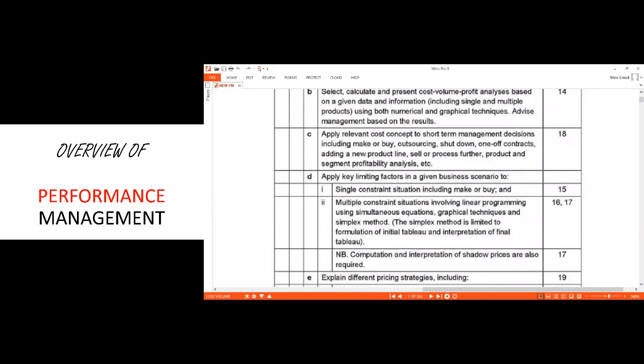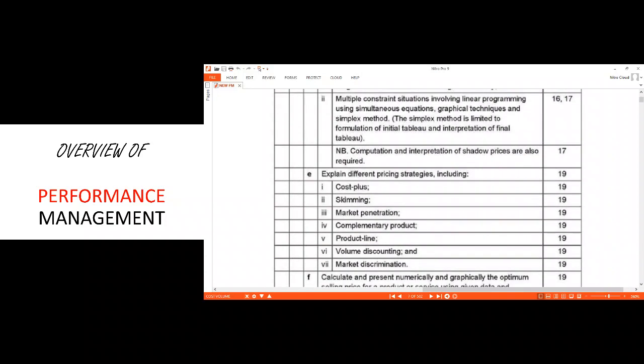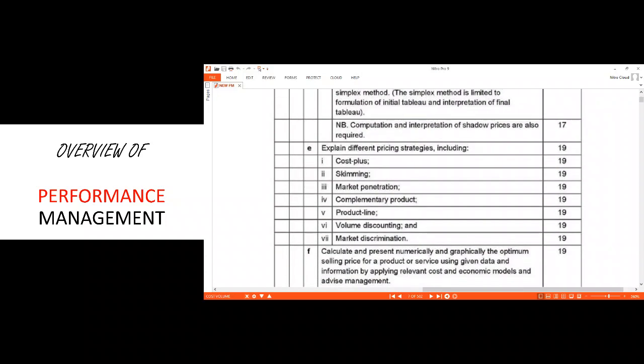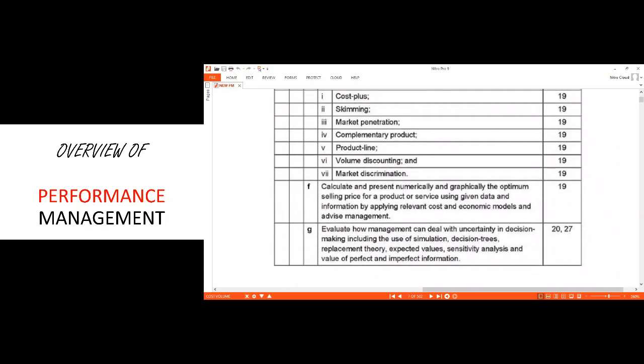We are to learn application of key limiting factors, single constraint, multiple constraint, and how to compute and interpret shadow pricing. We are going to learn. Then we are going to move on to different pricing strategy like cost plus, skimming, market penetration, complementary products, product line, volume discounting, market discrimination, to mention but a few.